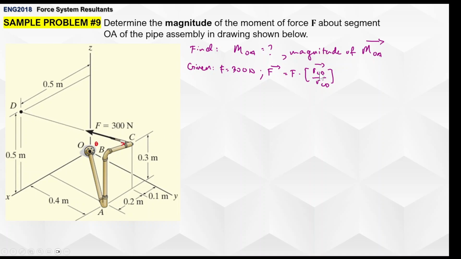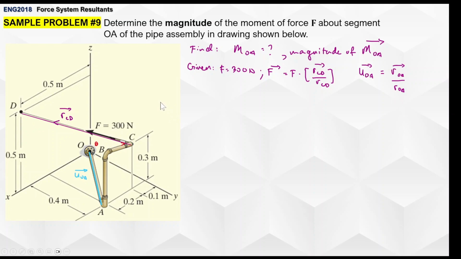So position vector RCB over its magnitude RCB. You recall our lesson 3 and 2 before. Okay? That's RCB there. And then, of course, since we have the axis OA, we have the unit vector UOA defined as the quotient between the position vector ROA and its magnitude.